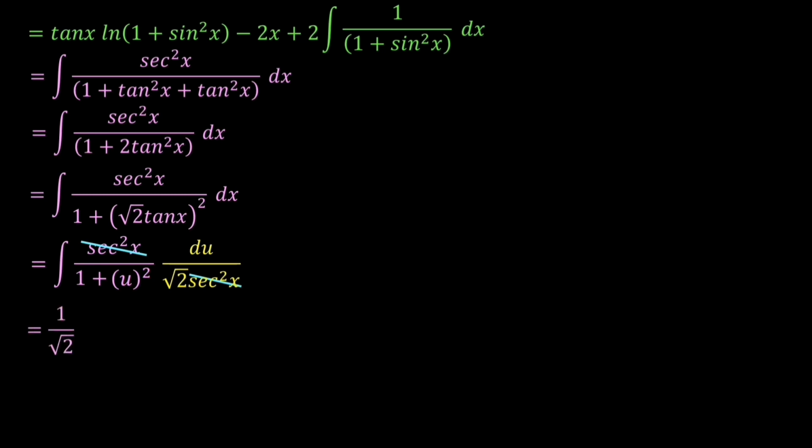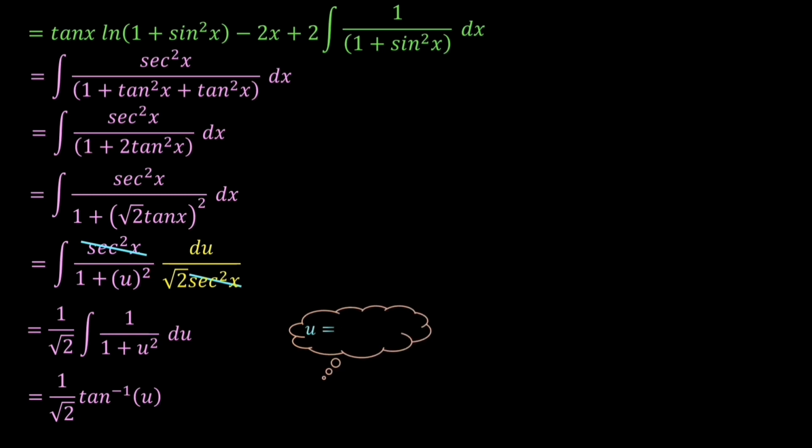Then we have integral 1 over (1 + u²). According to the basic integral equation, we can write the integral of 1 over (1 + u²) as tan inverse u. Instead of u, we can substitute root 2 tan x.